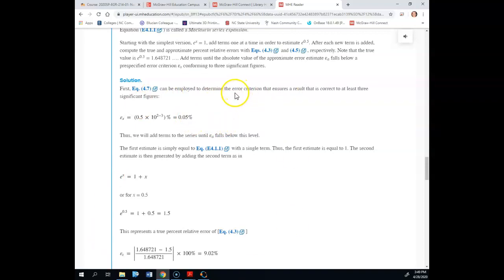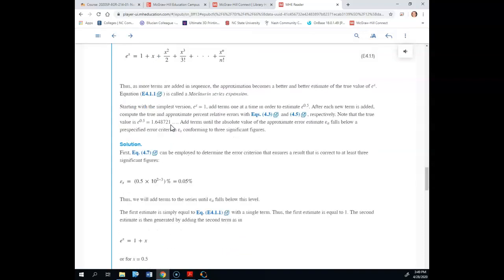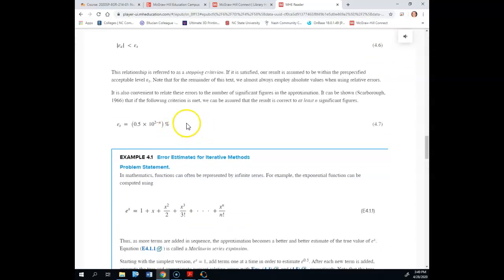So what we want to employ here is a stopping criteria. How do we know that what we have calculated is close enough to what we're looking for? There is this formula that Scarborough came up with all the way back in 1966 or even before, that says if you want your calculation to be accurate to n significant digits, then this is the value you should use as your stopping criteria, and this is a percentage.